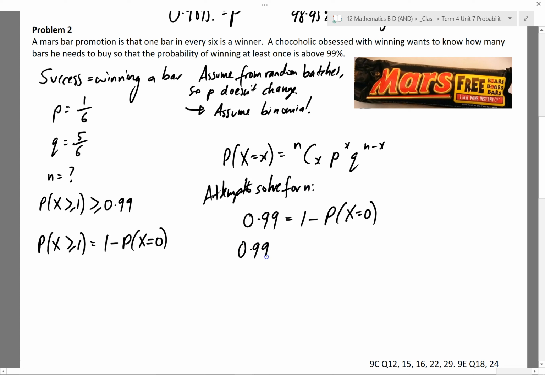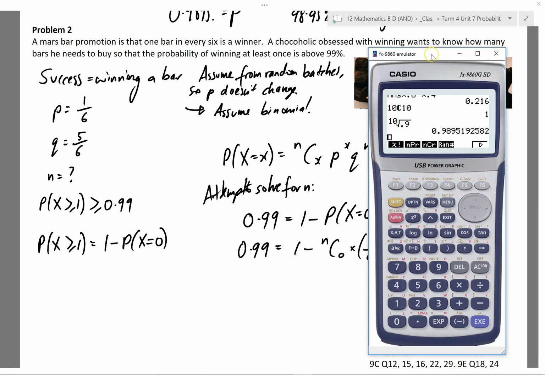So after 0.99 here, 1 minus, well, I'll put this formula in now. So 1 minus, when lowercase x equals 0, I'm doing n trials, so nC0, probability of success is 1 on 6, and probability of failure is 5 on 6. I'm trying to find what that n value needs to be.